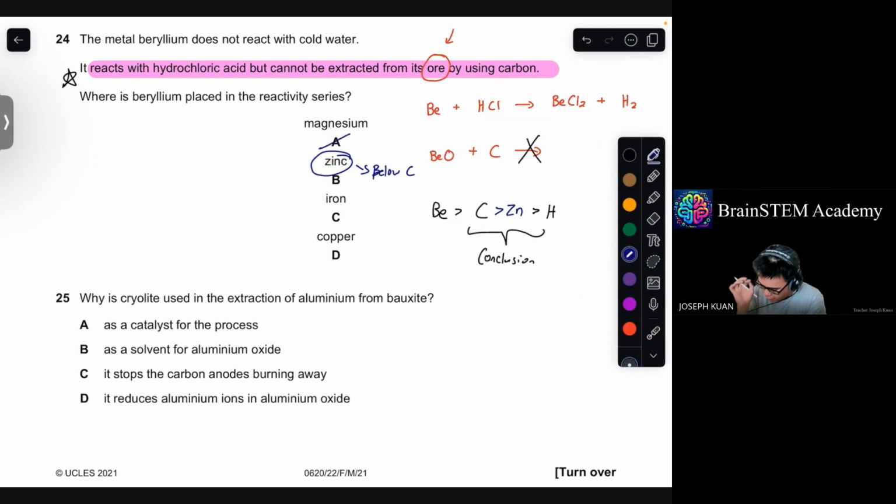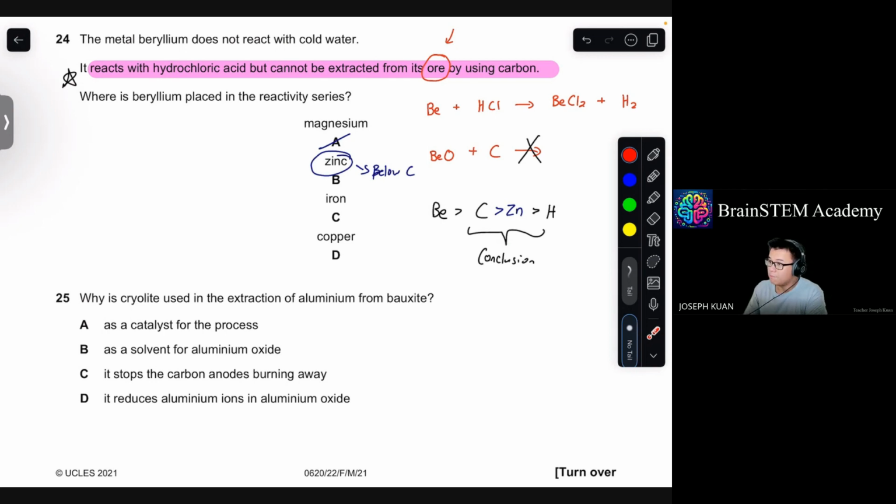So for this question, you need to understand the statement and form your own conclusion regarding these three elements, beryllium, carbon, and hydrogen. Which one is more reactive than the other? Then also, based on your memorization of the reactivity series, the fact that carbon is more reactive than zinc, you have to place beryllium even above zinc.